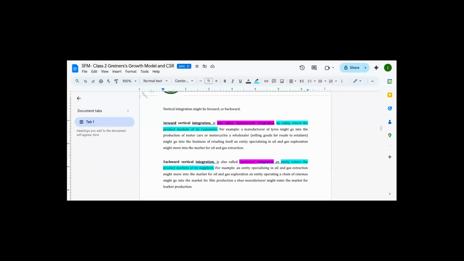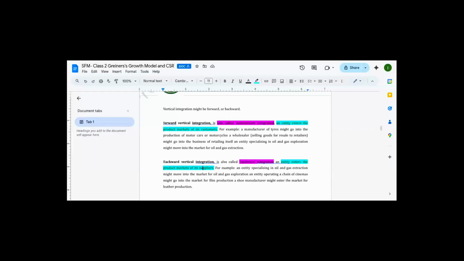And this backward integration has a lot of advantages because it will reduce our total operational costs. It will give us the opportunity to sell our products using a penetration pricing strategy, selling at the lowest obtainable price in the market.